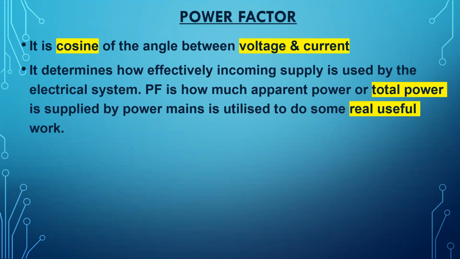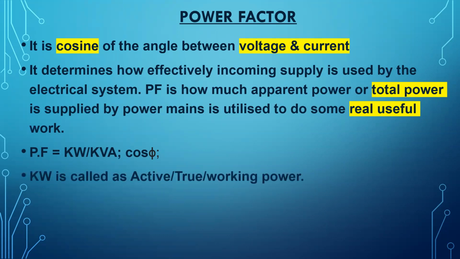The formula for power factor is one, cos phi, the cosine of the angle between voltage and current, and the other is kW by kVA. kW is the active power and kVA is the apparent power. The ratio of kW and kVA is called the power factor.